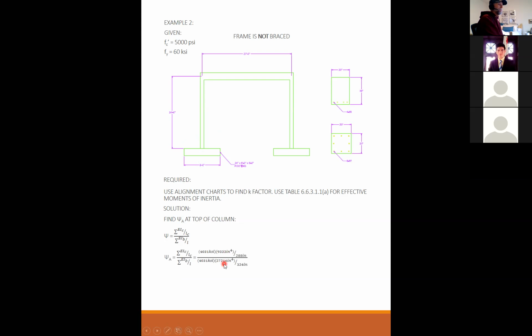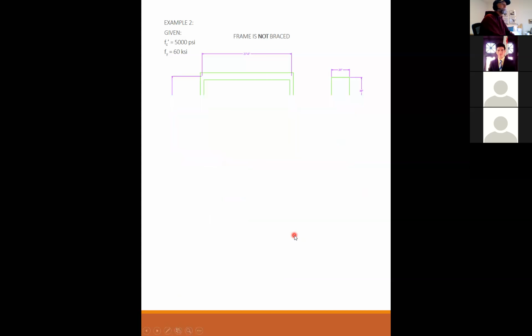This is 35% of the gross moment of inertia of the beams. And we get 0.386. Find psi B at the bottom of the column at the footing, and we're repeating the same numbers, 0.82. So 0.386 and 0.82 are the same values for psi as we had for the braced frame.